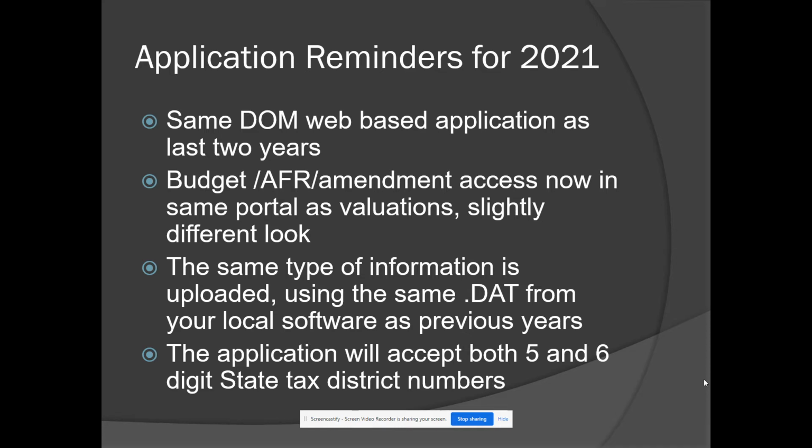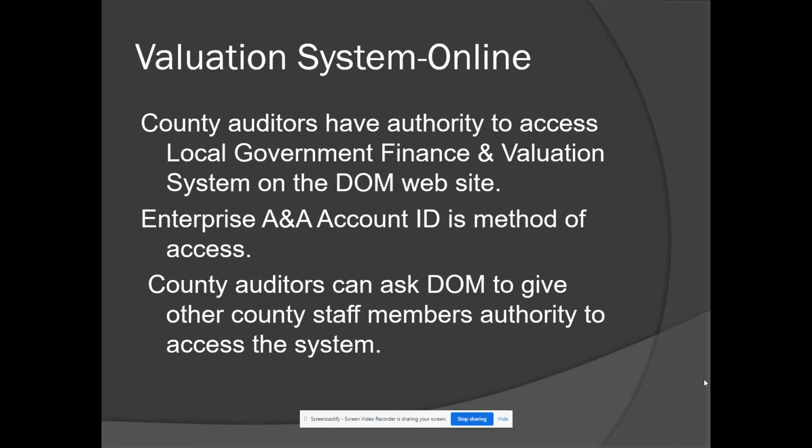If you are in a county auditor role, you're going to see budgets, AFRs, and amendment information when you log into the system. The same type of information is uploaded using the same .dat file from your local software as in previous years, and the application does accept both 5 and 6-digit state tax ID numbers.